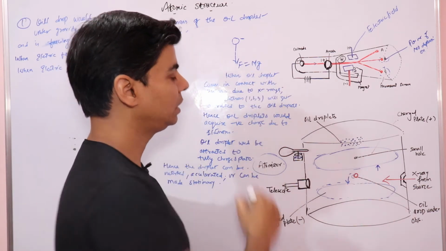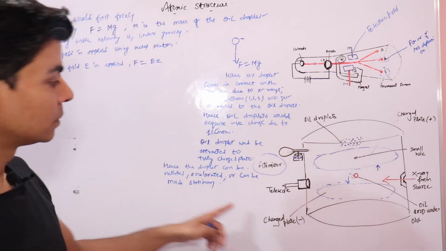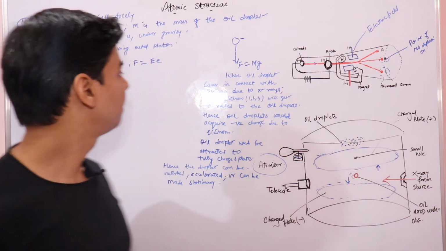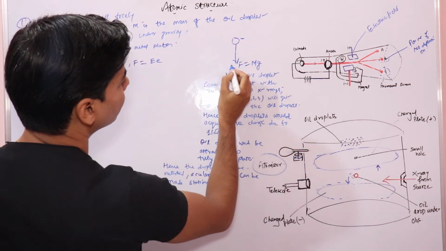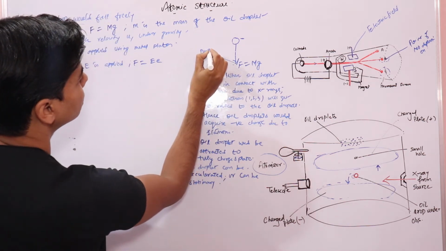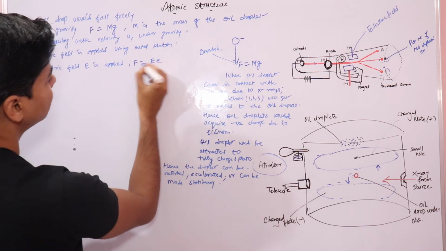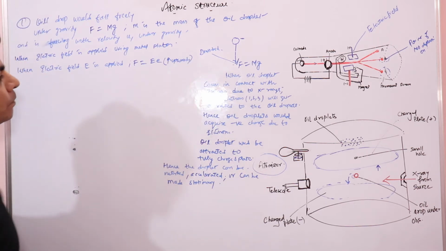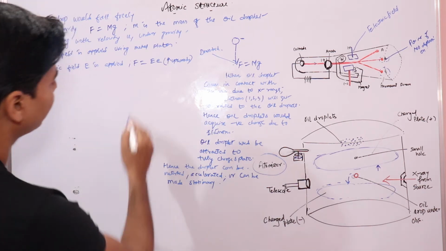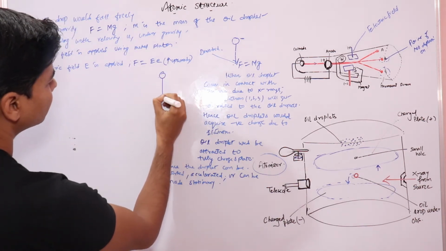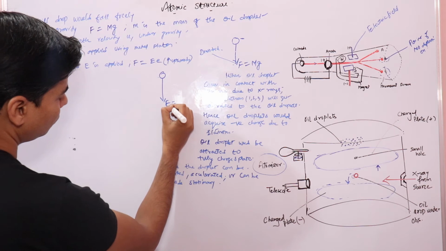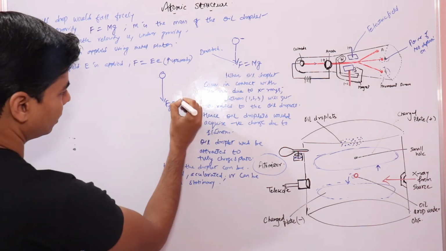This force due to gravity is acting downwards, and this force due to the electric field is acting upwards. So we have two opposite forces acting here. The net force: this is the oil droplet, it is falling under force Fg, the force due to gravity, mg.